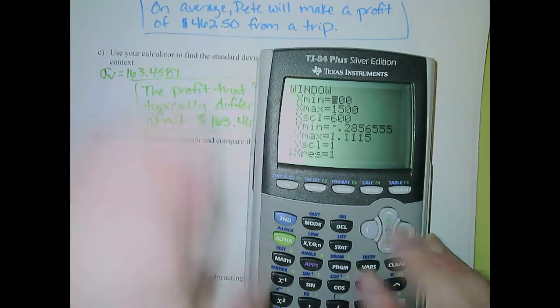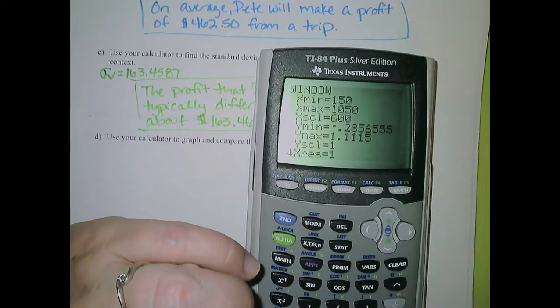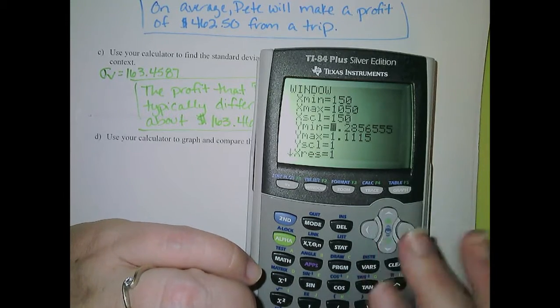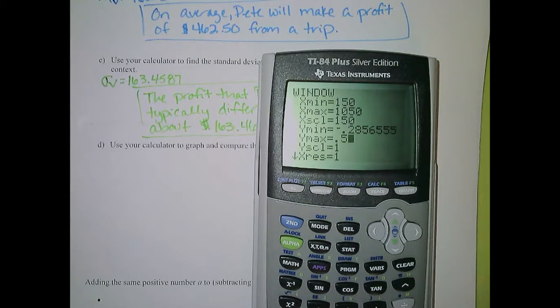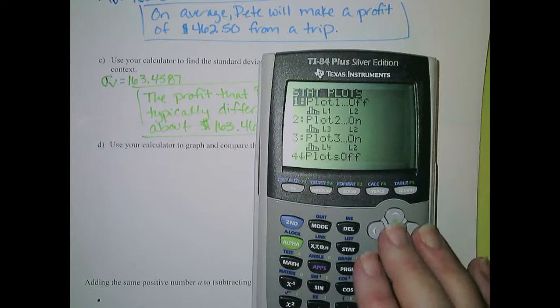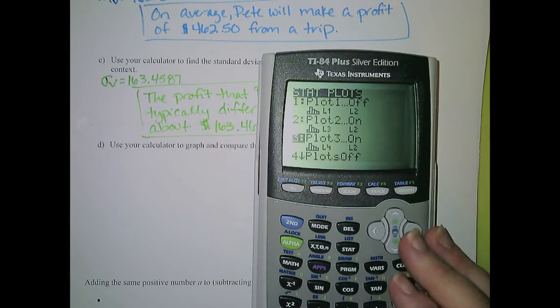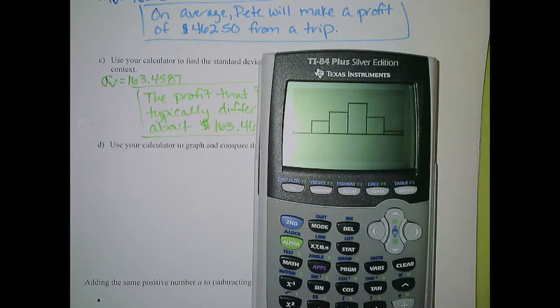I'm going to make my minimum 150, my maximum 1050, and my X scale 150. For my Y max, I'm going with 0.5. You don't have to do that, but you'll get a lot less dead space. Oh, I've got 2 stat plots on. This one off. Okay. So that was the same distribution that we calculated for C yesterday.